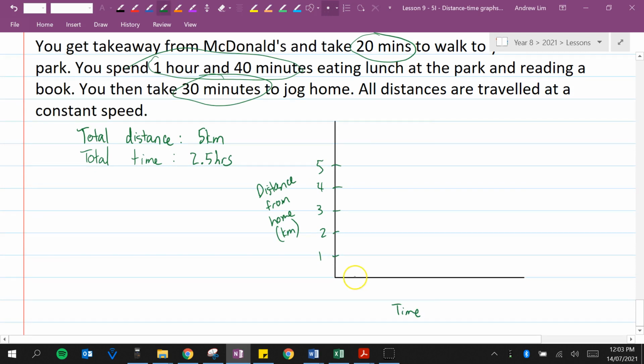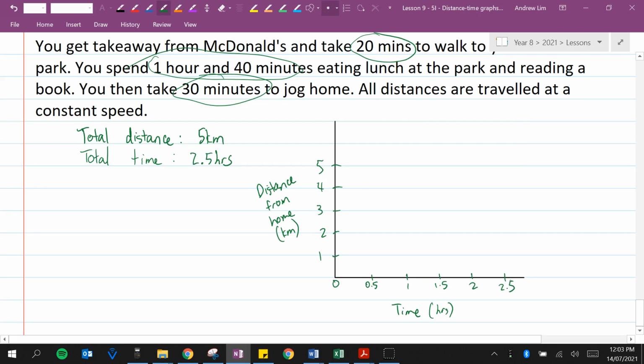So we don't really need to put an actual time. I'm just going to say 0 here, and because it's 2.5 hours, I might just go up in half an hour increments. So let's put this in hours. So this is half an hour, 1 hour, 1.5 hours, 2 hours, and 2.5 hours.